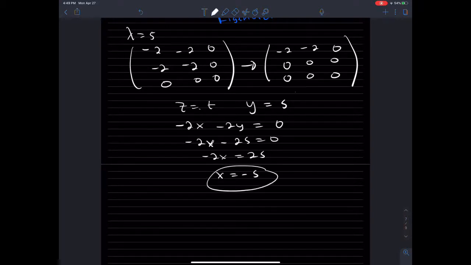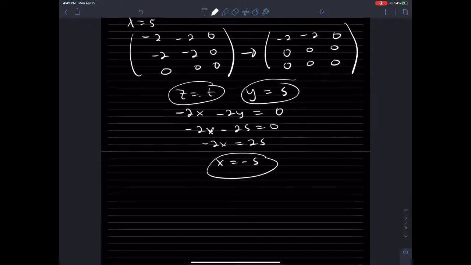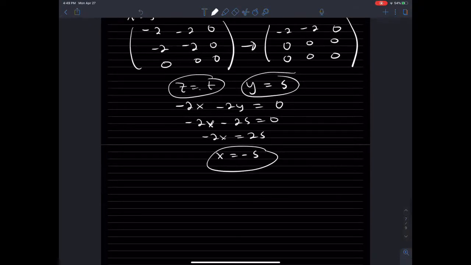Okay, so let's circle those three. We've got all of them in terms of our parameters. So x, y, z is equal to x is negative s, y is s, z is t.